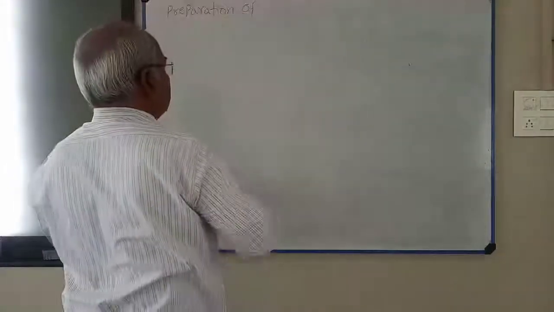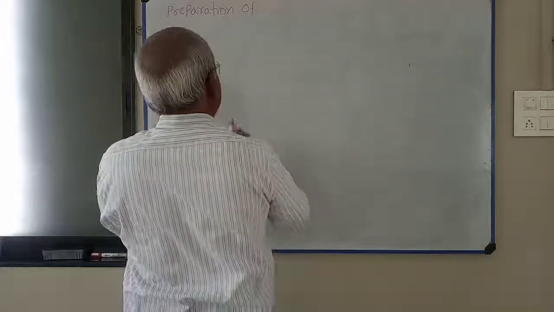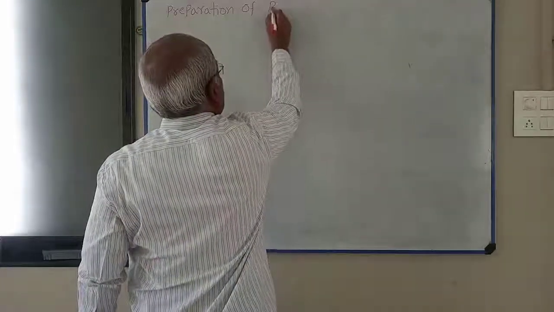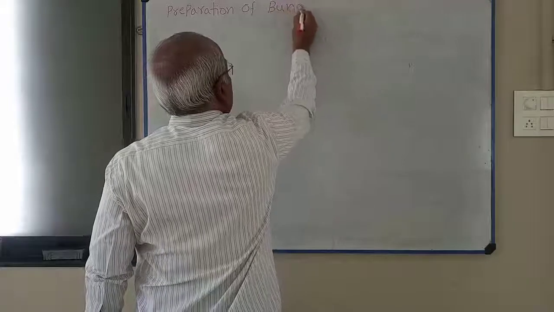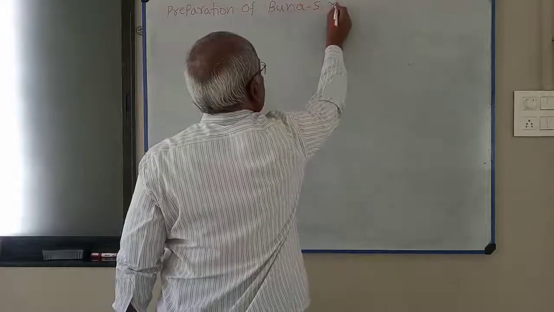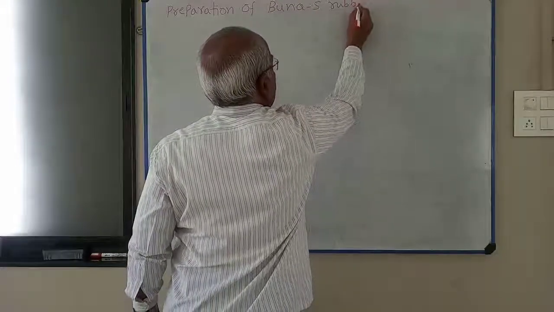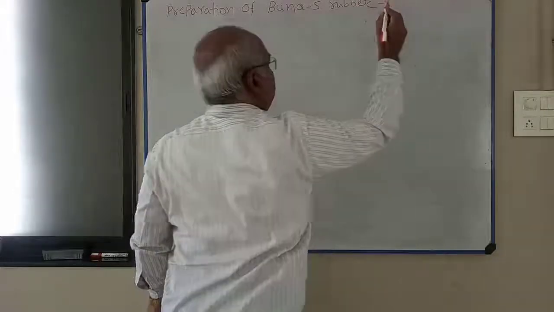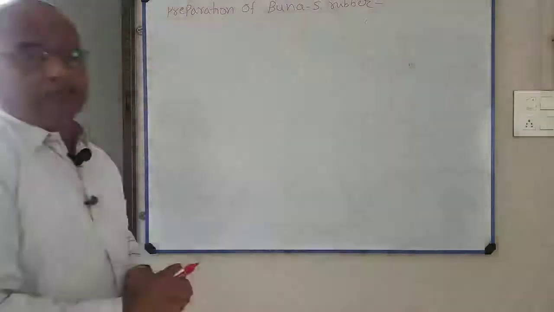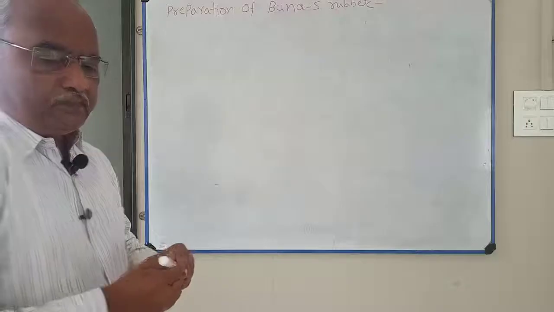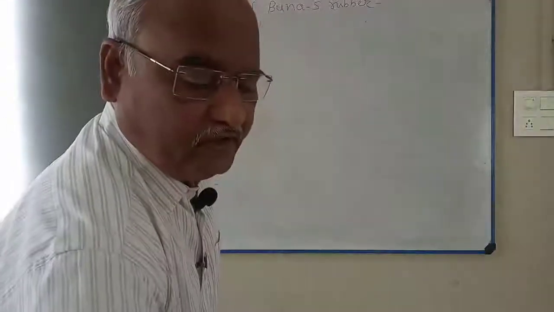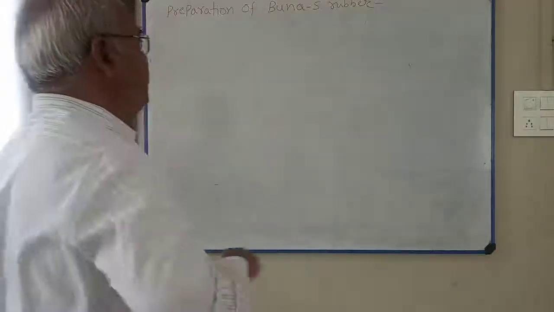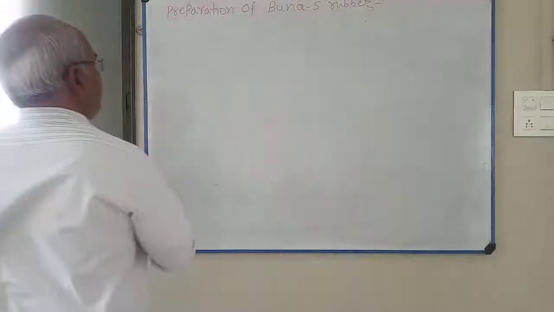So here I write the heading, preparation of Buna S rubber. It is elastomer. It has elastic property.